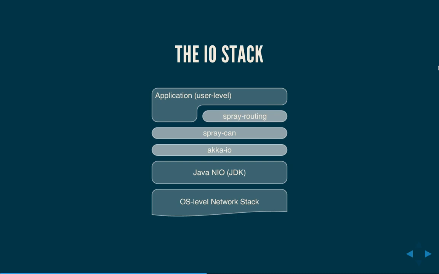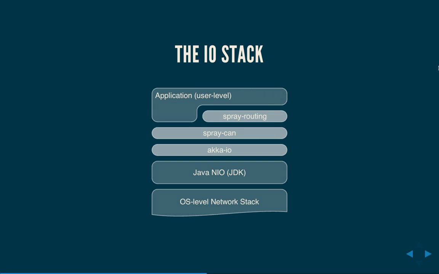And then on top of Java NIO sits Akka IO, which does the translation of the NIO API into actual actor messages. On top, SprayCan, the low-level HTTP layer, and then your application can either decide to work with SprayCan directly, more or less in a raw form, accessing the SprayCan APIs, or you can rely on things like Spray routing, which gives you nicer ways of defining server-side API behavior.